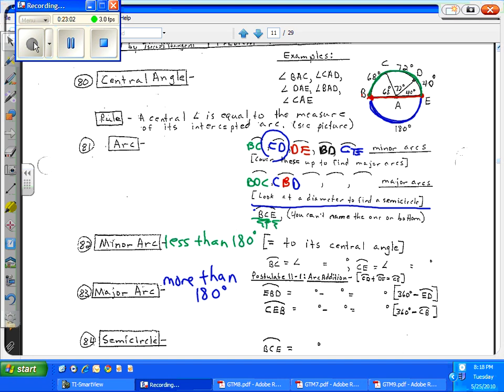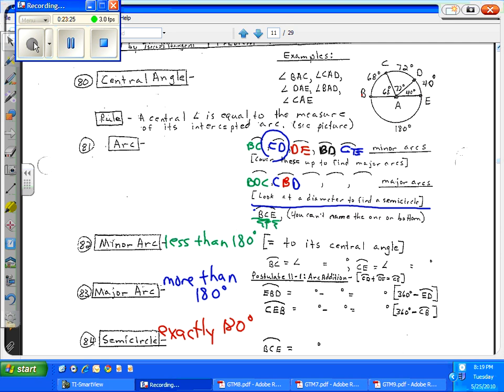A semicircle is exactly 180 degrees. Okay? A semicircle is exactly 180 degrees. So arc BC, back to the picture.